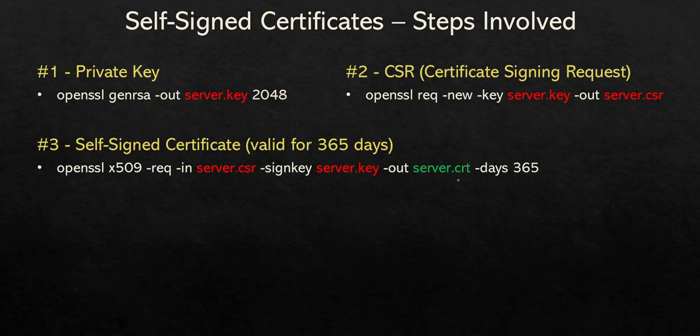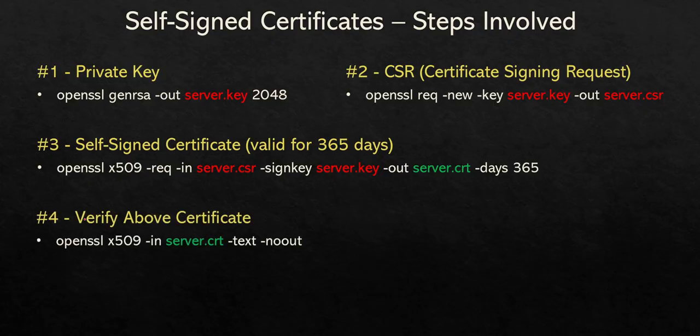And as an output, what we are expecting is the server.crt file, that is the certificate file. One more important point: we are giving -days 365, which means we want the certificate that we will be creating to be valid for a year, 365 days, right?